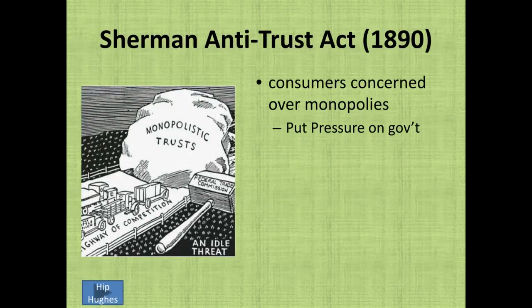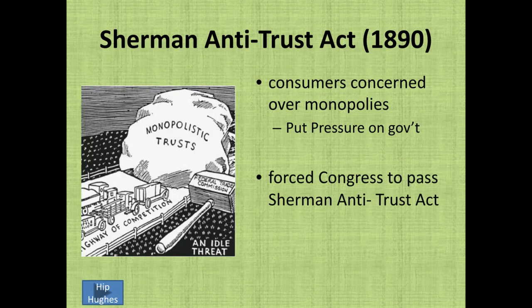And so the government ends up passing the Sherman Antitrust Act, which makes monopolies illegal. Even to this day, you have to own a certain percentage of a certain type of business in order to be considered a monopoly. But the Sherman Antitrust Act was the first way to try to stop these monopolies from growing too strong and too powerful in one industry.